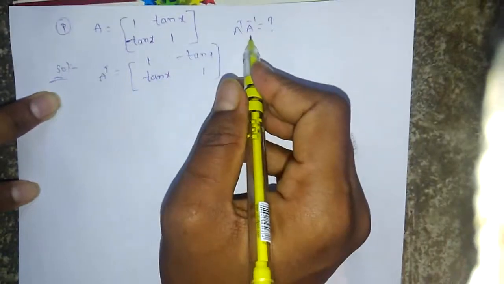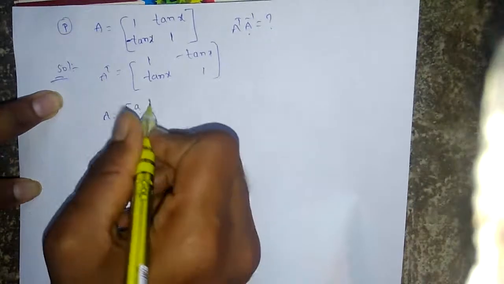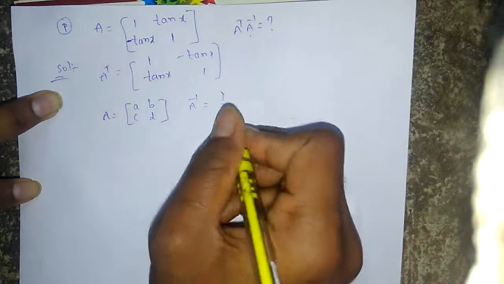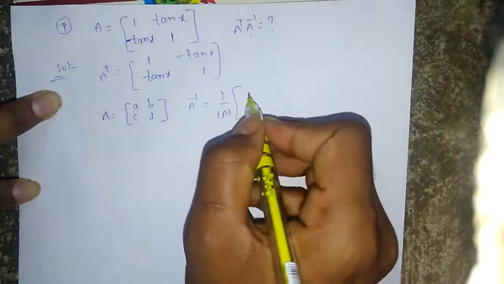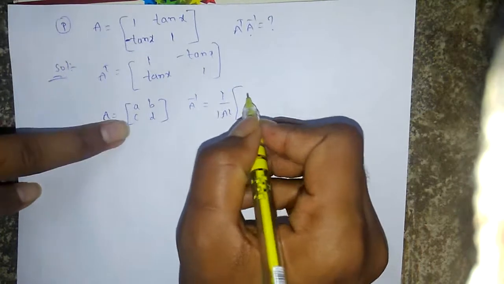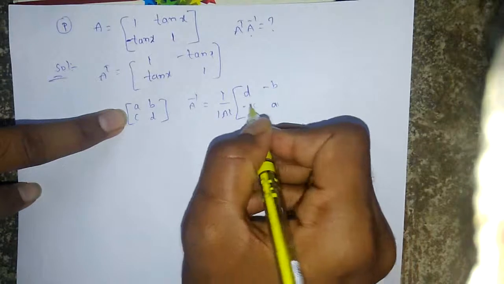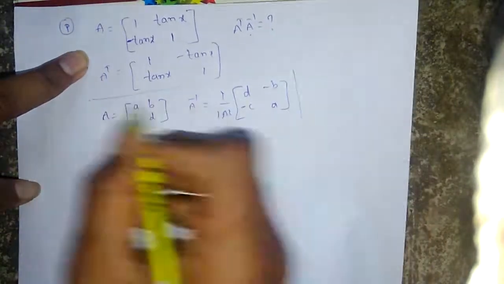Next you need to find the inverse. What is the inverse formula? If A is [a, b; c, d], A inverse is equal to 1 by det A into adjoint of A. Here for adjoint of A, you need to interchange a and d and change the signs of b and c. So for 2 by 2 it's a direct formula that we will use.